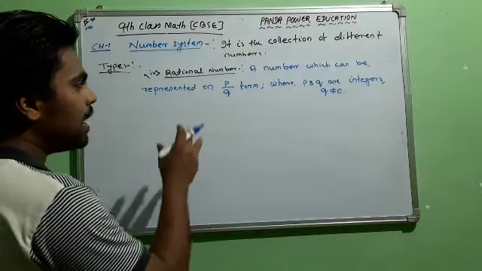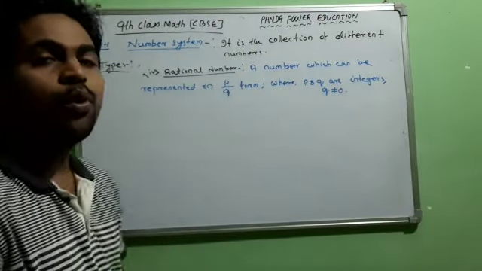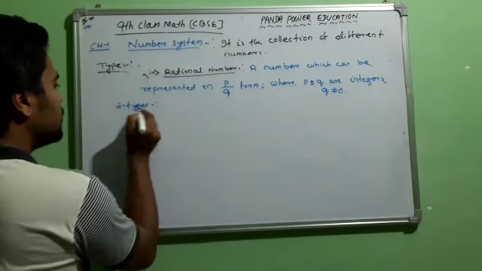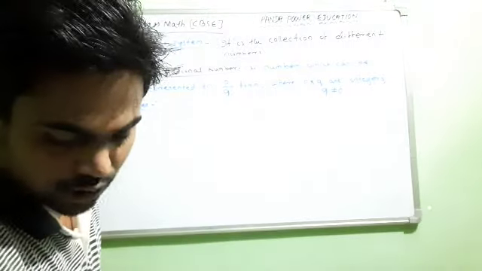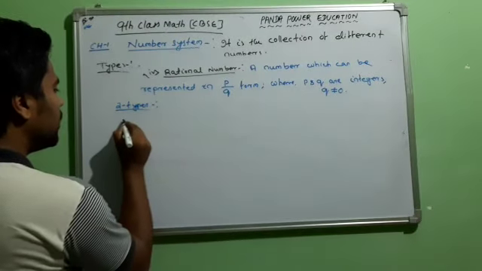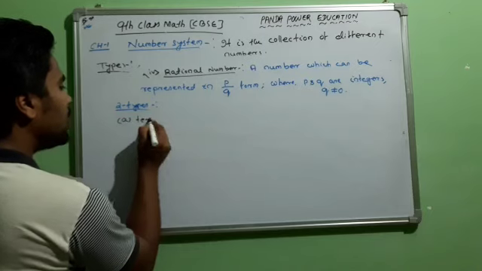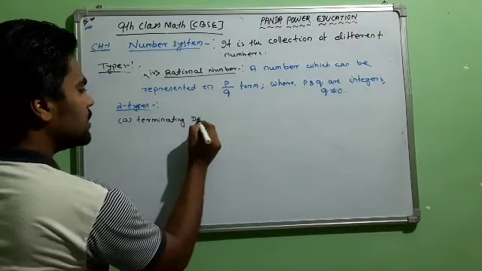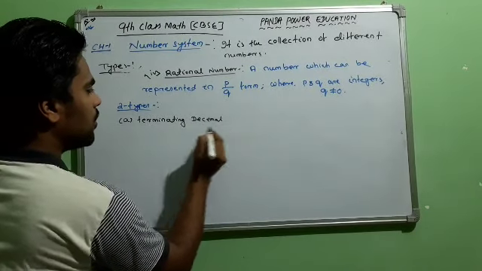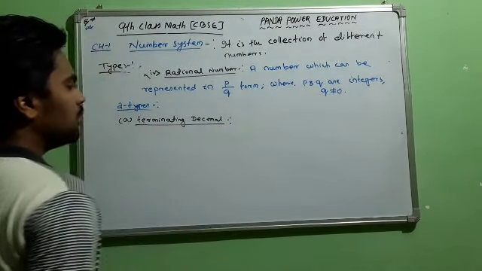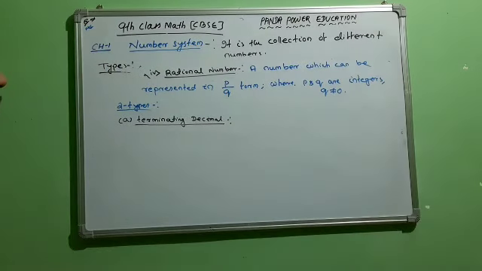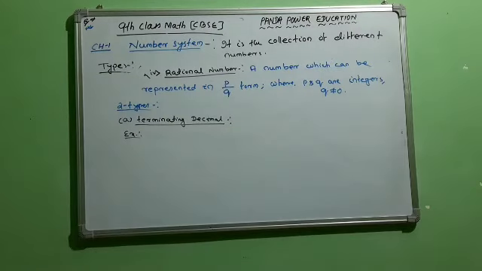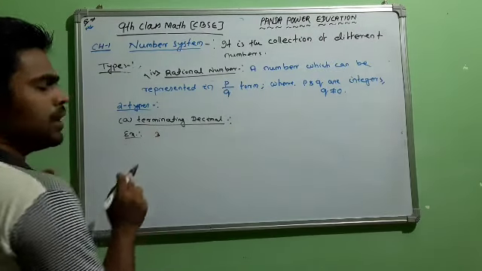I categorize rational numbers into two types. The first one is terminating decimals.